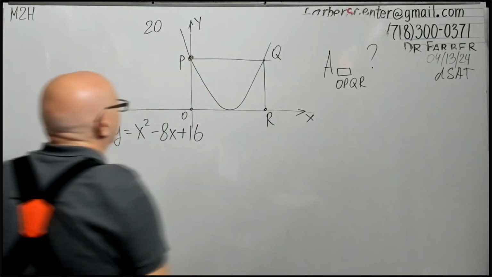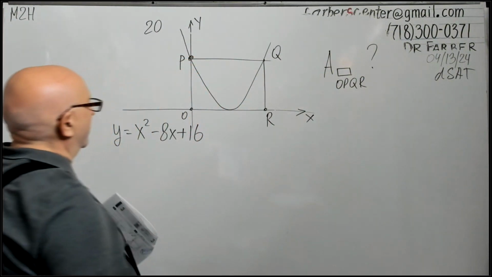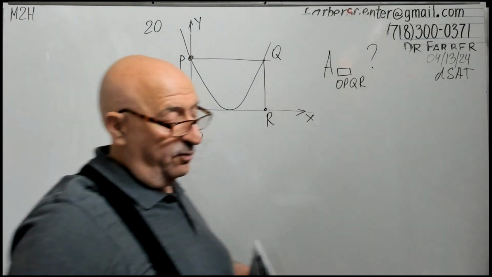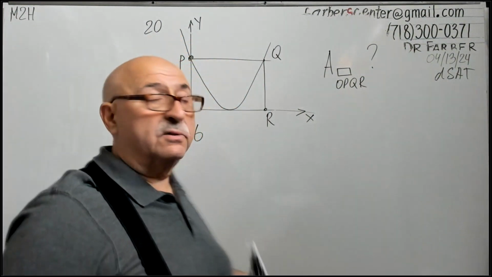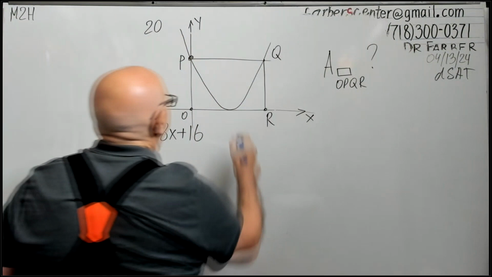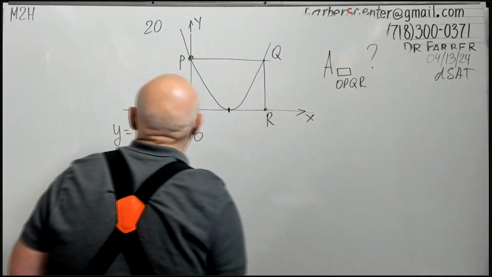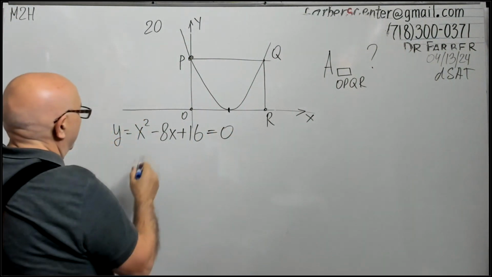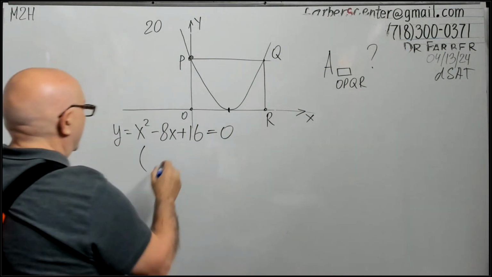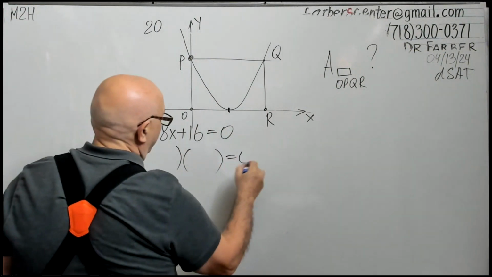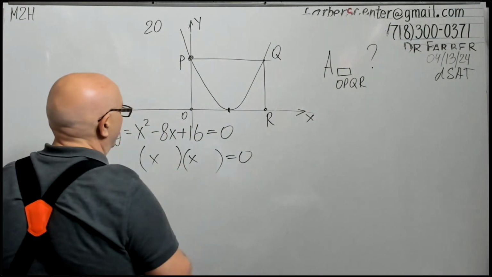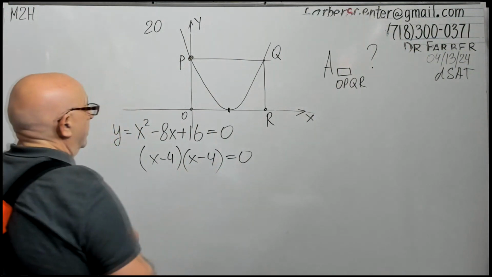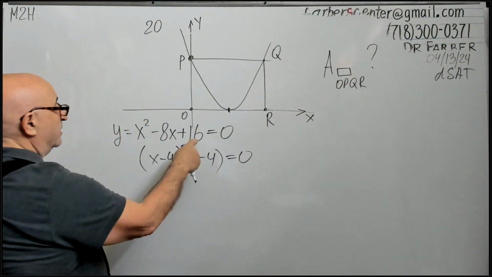Okay. So you can find the vertex a few different ways. Either you can use negative b over 2a to find the vertex, right? Or the vertex position is when y equals 0. Whatever you like. If y equals 0, it would be what? Factorize: x minus 4 and x minus 4, product 16.